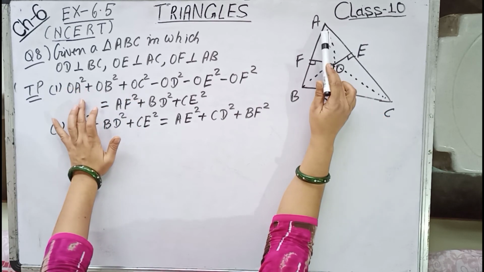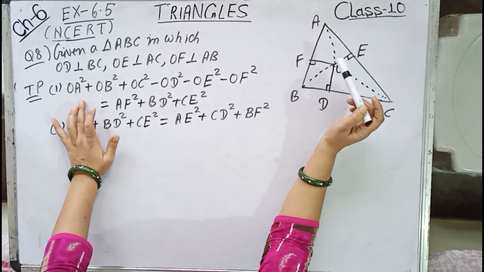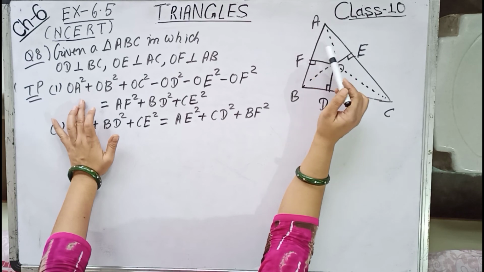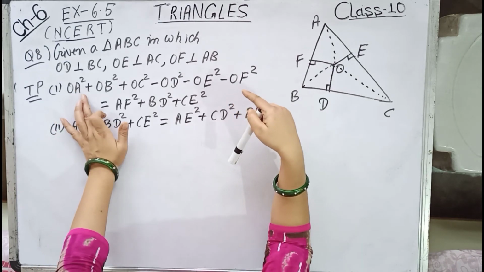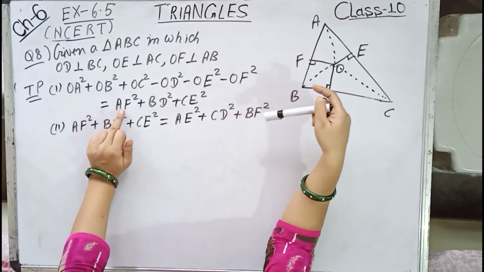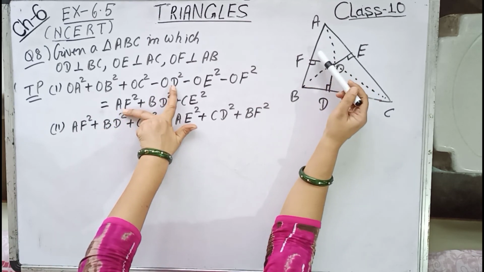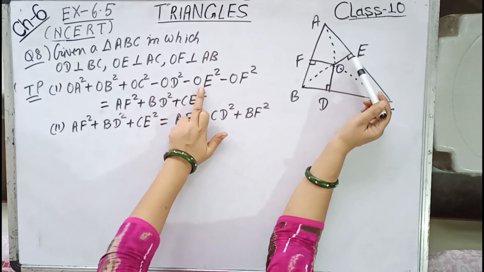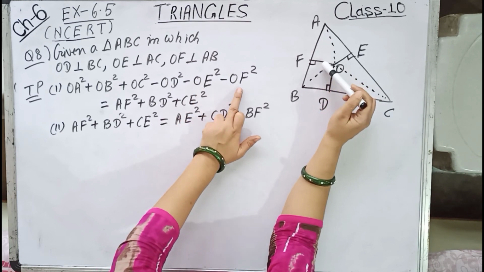Now OA square, or OA, is forming a part of two right angle triangles, OAF and OEA. In any we can use the Pythagoras theorem, but what we have to prove first is OA square equals to AF square plus OF square.